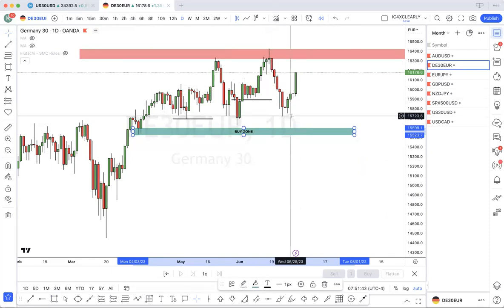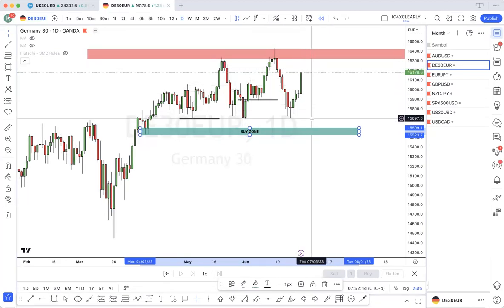It may play this consolidation zone for who knows how long, but once price pulled back to here, or again, this is a supply zone, once price pulled back into this order block, I would definitely watch to see if it starts to break structure to the downside. If so, then I would trade this back down at least to this zone.